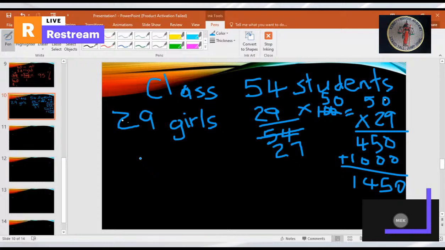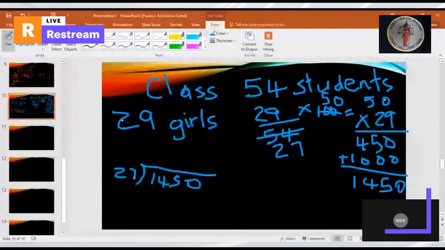All right, so 1450 and 27 into that. You know, there are 3 27s in 100. So let's try 5 for the 140. 27 can't go into 14, so 145.